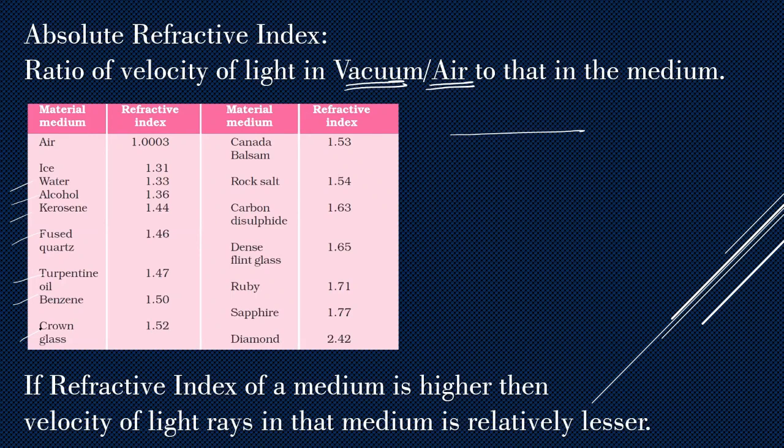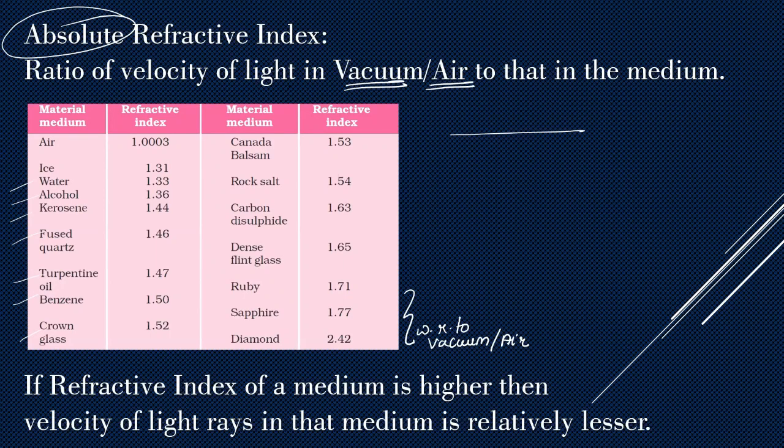Different refractive indexes are given for them. How are these measured? They are measured when the ray of light was always with respect to either vacuum or air, so the first medium was always vacuum or air and the second medium was these. This type of refractive index is called absolute refractive index.